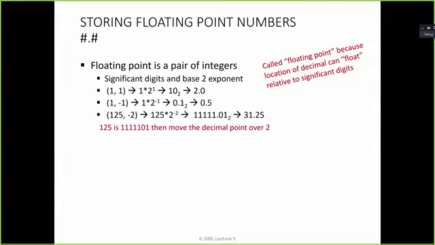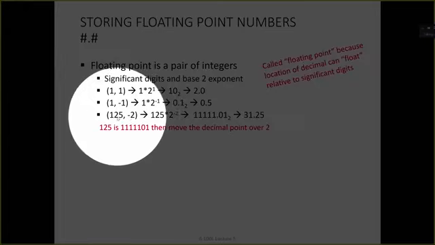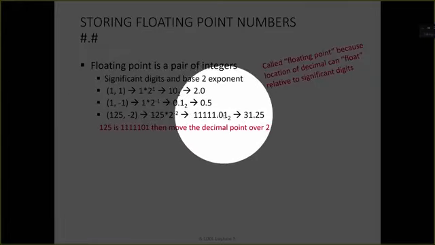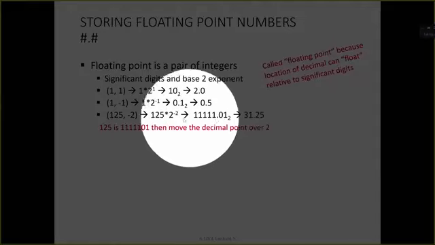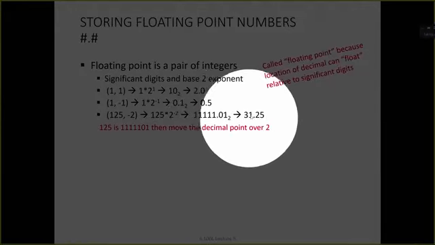We're representing the base, 125 is base 10, and how much we need to move the decimal point. But first, we need to make the conversion of 125 to binary, which is this long thing here, not counting this decimal point. The negative 2 tells us we need to move the decimal point over, and then we have the actual number we're trying to store, right?